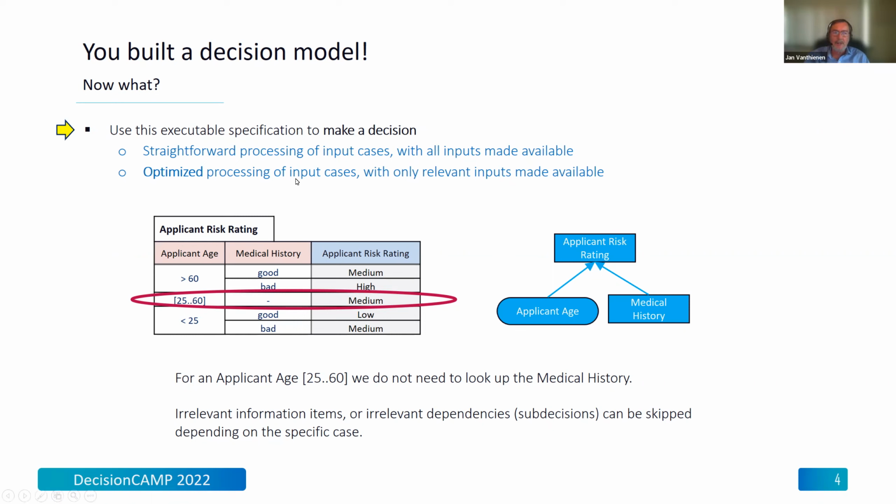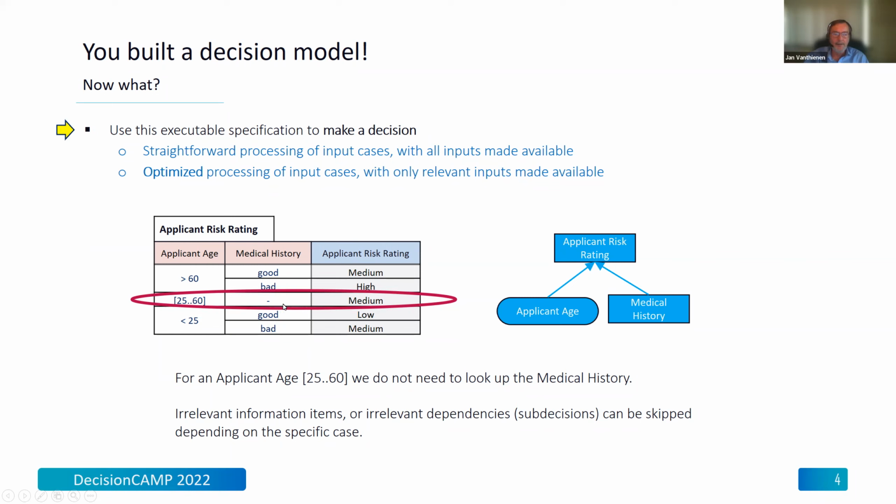You can also do this in a more optimal way, meaning you only ask relevant questions or you look up relevant data. I have the impression sometimes we seem to forget this in execution. Suppose you have a small decision table here, or a small decision model, which is basically the same, with a number of rules in rows. So if the applicant is between 25 and 60, then the medical history is not important.